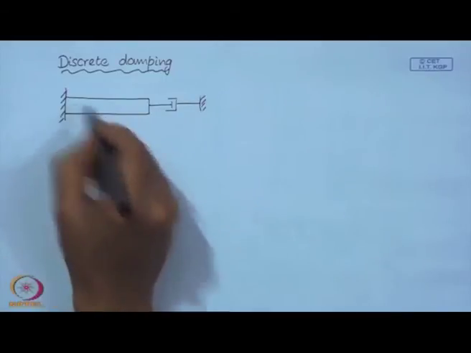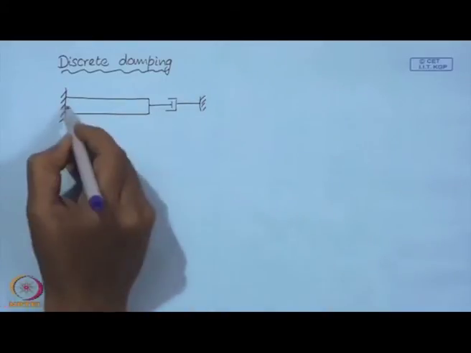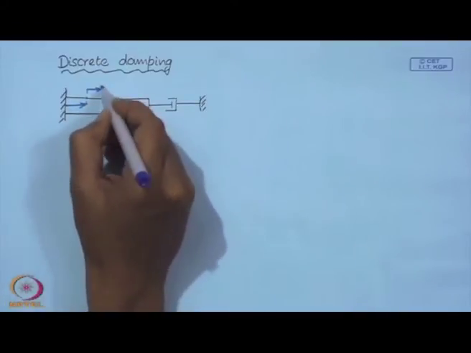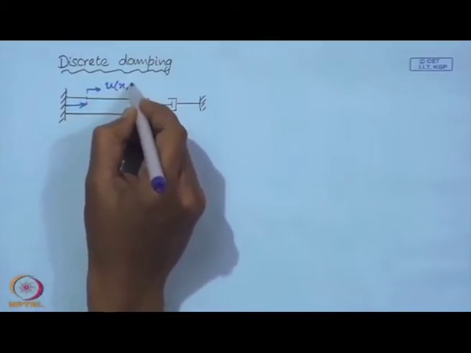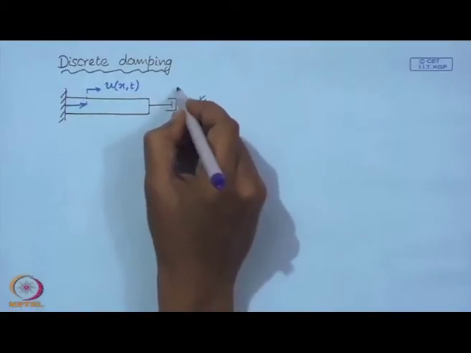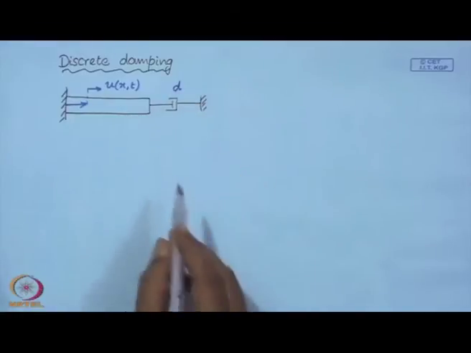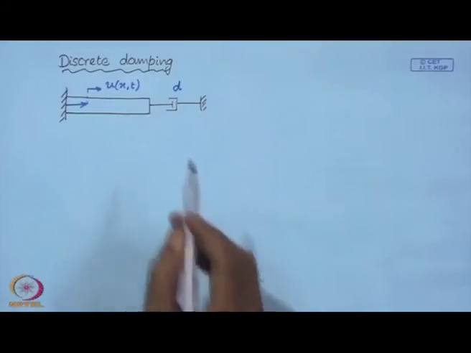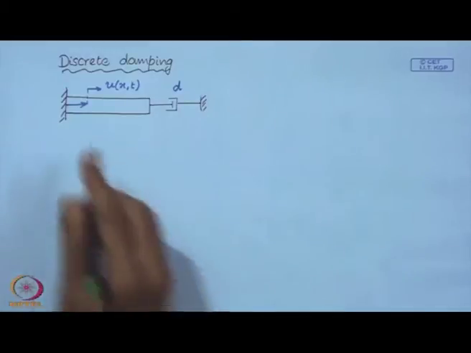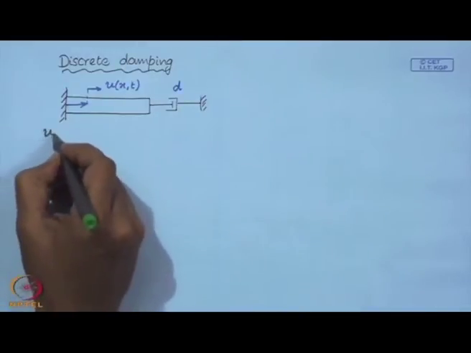So, this is a bar in axial motion, and here we have a dashpot attached to this end of the bar. So, I can write the boundary conditions of this problem.